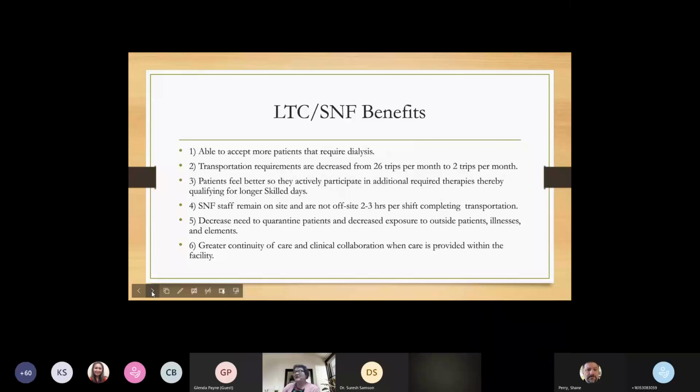In COVID, we learned a lot of lessons, and what a benefit it was that our patients did not have to be transported outside of the facility for dialysis. Because at the facility that we work with, when a patient was transported off-site for any reason, then they had to come back and be quarantined.